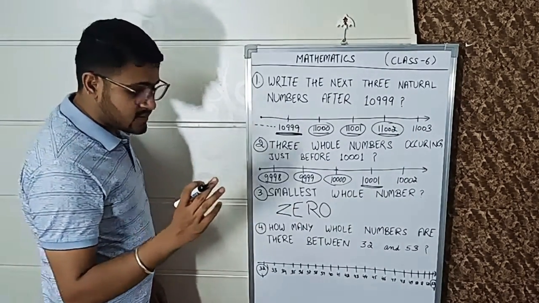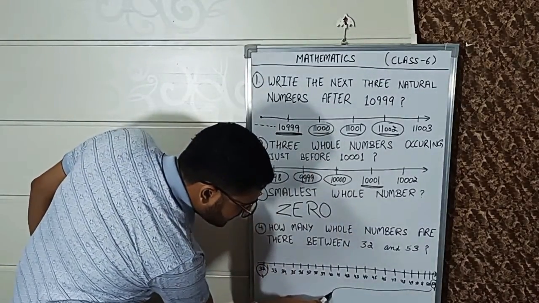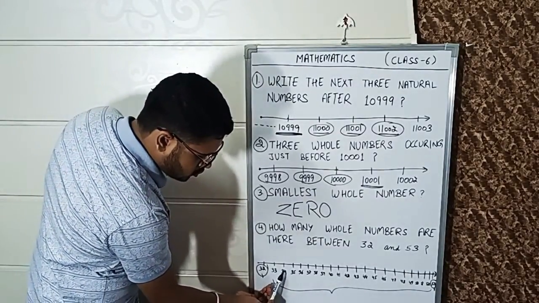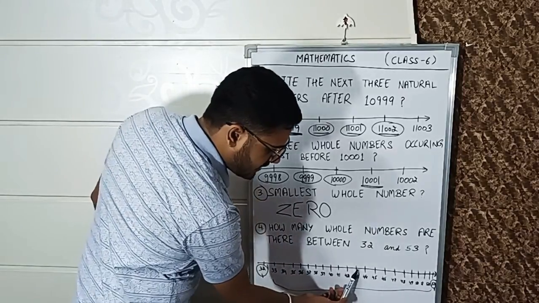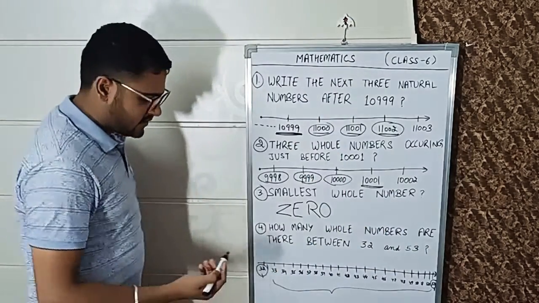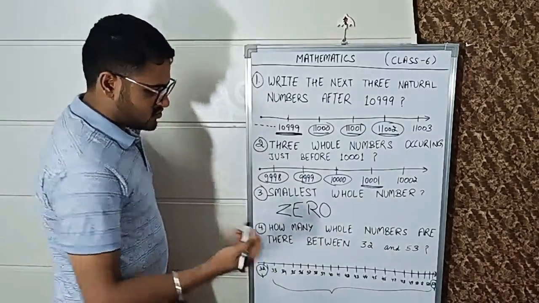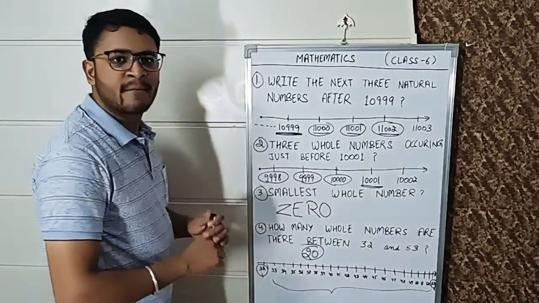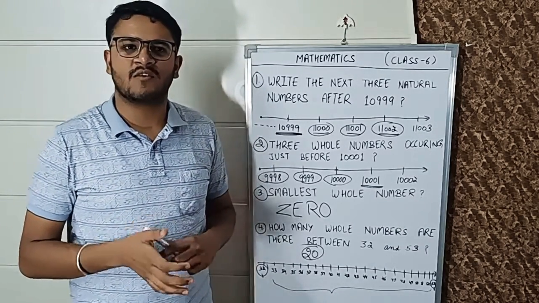We will only consider the numbers between these two numbers. So let's count: 1, 2, 3, 4, 5, 6, 7, 8, 9, 10, 11, 12, 13, 14, 15, 16, 17, 18, 19, 20. So there are 20 numbers between 32 and 53. So our answer is 20. These are some of the examples related to natural numbers and whole numbers.